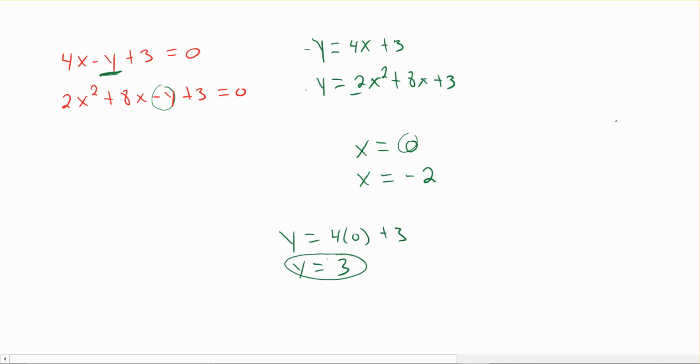Let's see if that's the same for the second one. If we throw 0 into the second one, y is equal to 2 times 0 squared plus 8 times 0 plus 3. Yes, y is equal to 3 for the second one too. So 0 definitely was a solution. It worked for both.